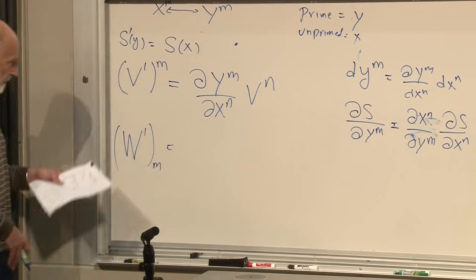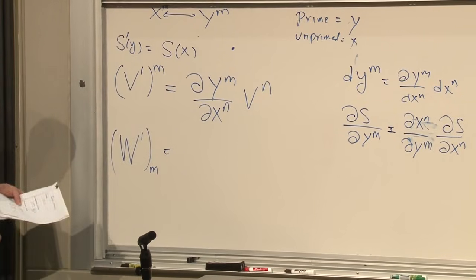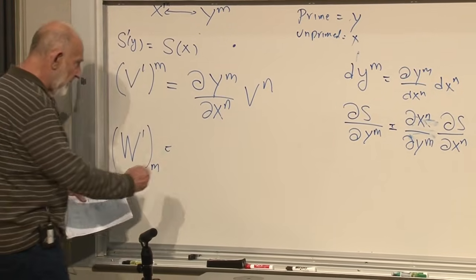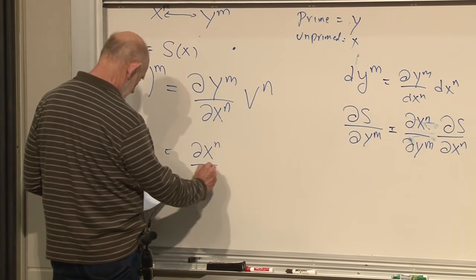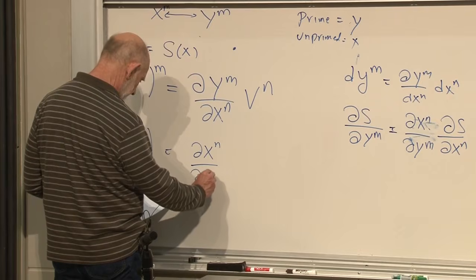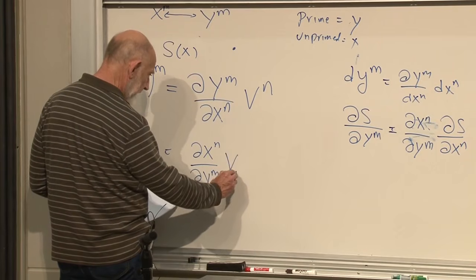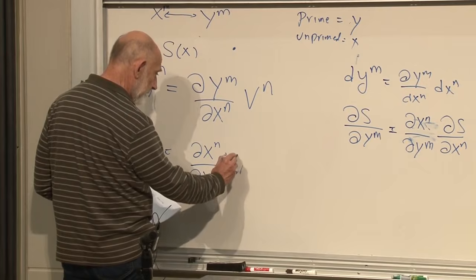I'm just using W and V to give different letters for things. This is equal to dx^n/dy^m W_n.